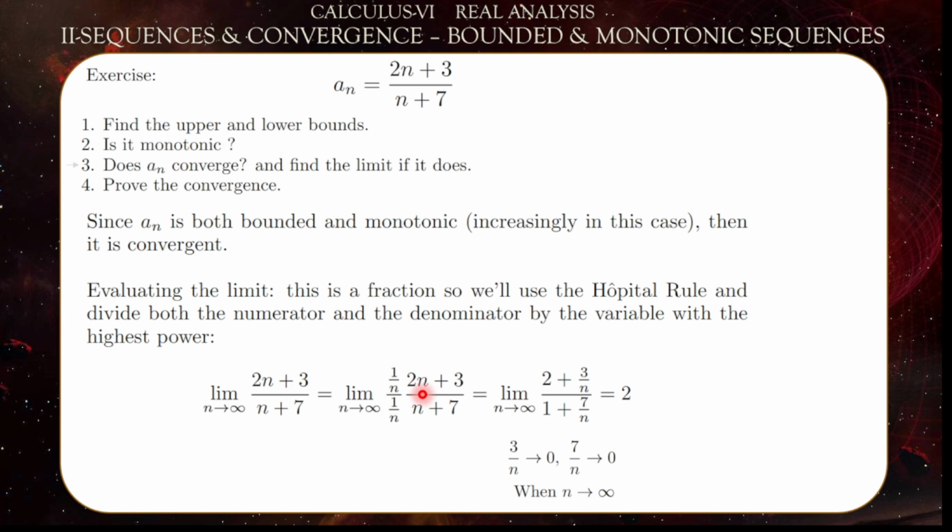We multiply both numerator and denominator by 1 over n, equal to the limit as n approaches infinity of (2 plus 3 over n) divided by (n over n, which is 1, plus 7 over n), equal to 2, because 3 divided by n and 7 divided by n approach 0 when n approaches infinity.